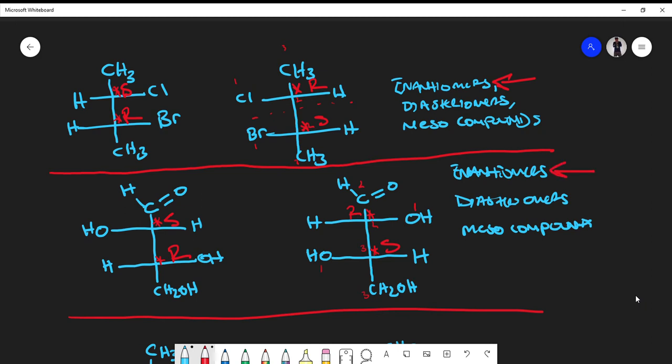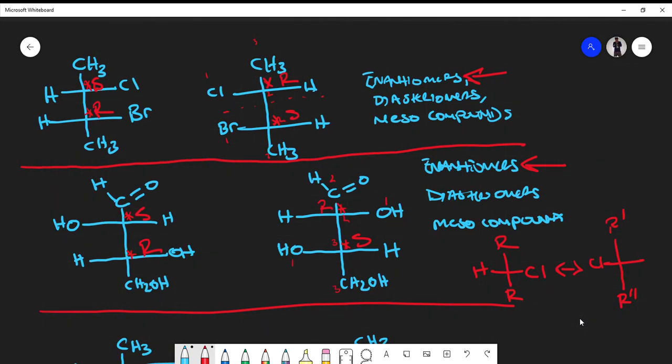Now, if you haven't seen the pattern yet, please get this now. Essentially, if I have 2 R groups, and let's say I have a chlorine here and a hydrogen here, and let's say I draw another structure where this is R double prime, this is R prime, and now the chlorine is to the other side, and the hydrogen is to the other side.